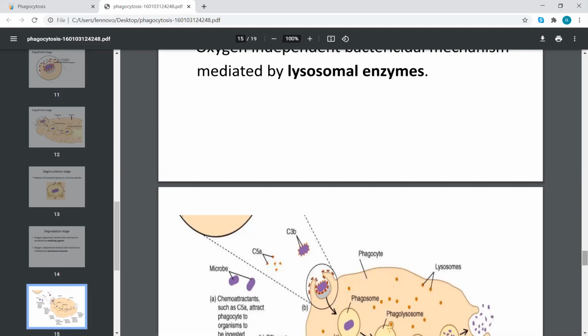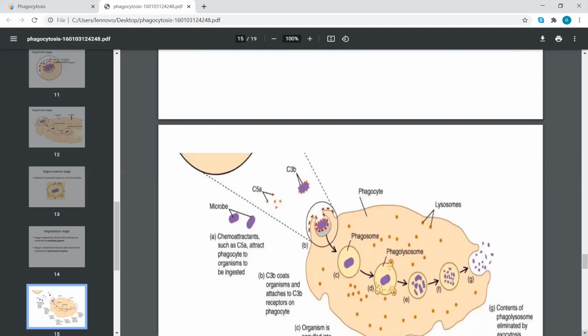Sometimes you call them reactive oxygen species if they come from oxygen, but they are actually radicals, produced through reduction by NADPH2. Ultimately, the destruction results in accumulation of debris, which you can see in the purple tissue, which has to be extruded.